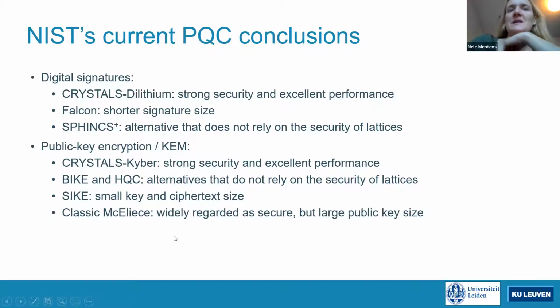And the good thing about Classic McEliece is that it has been around for much longer than the other algorithms here, even before the competition. And therefore, it is widely regarded as secure because many people have had the chance, for a longer time already, to evaluate the algorithm and to try to find weaknesses. But of course, it also has the downside of having a large public key size.